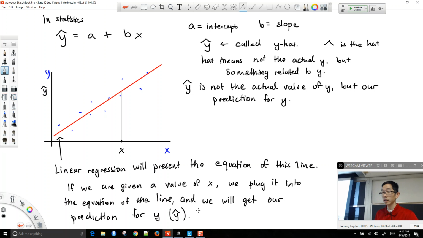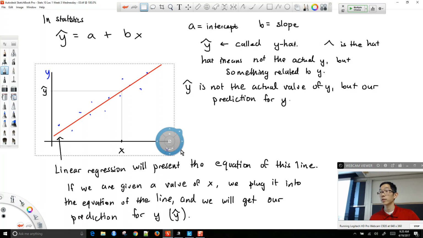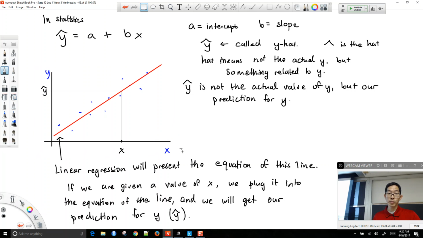Okay. Now, let me just copy this picture. Why do we use the term regression? Why do we call it regression? There's a historical context, and I don't know if I should get into it.